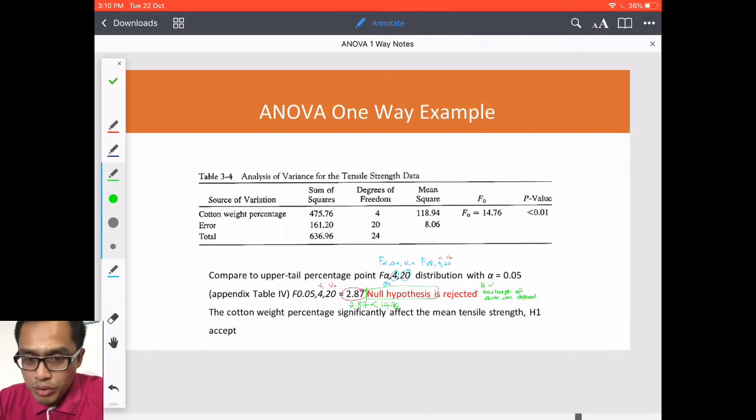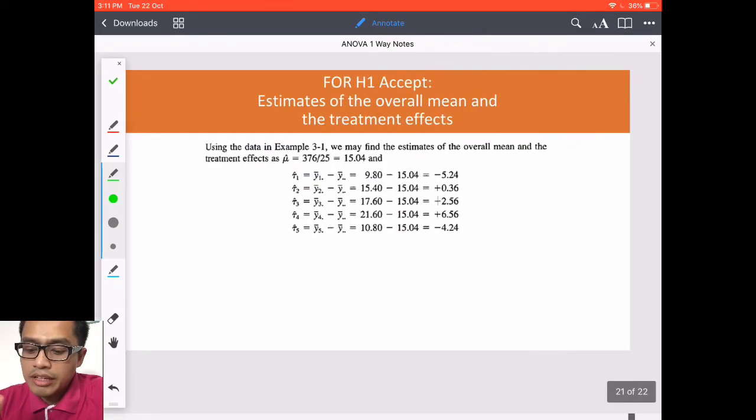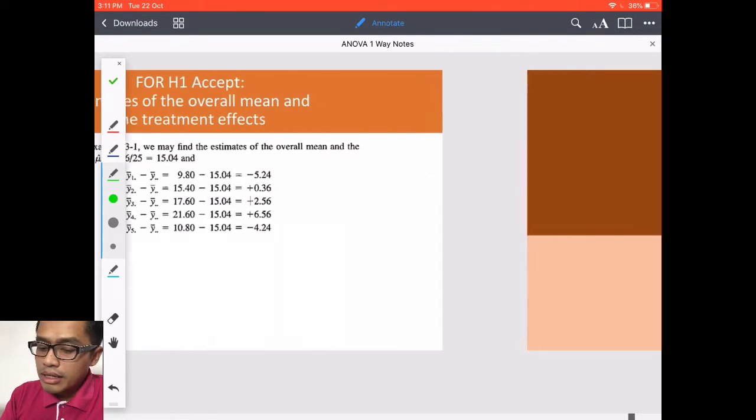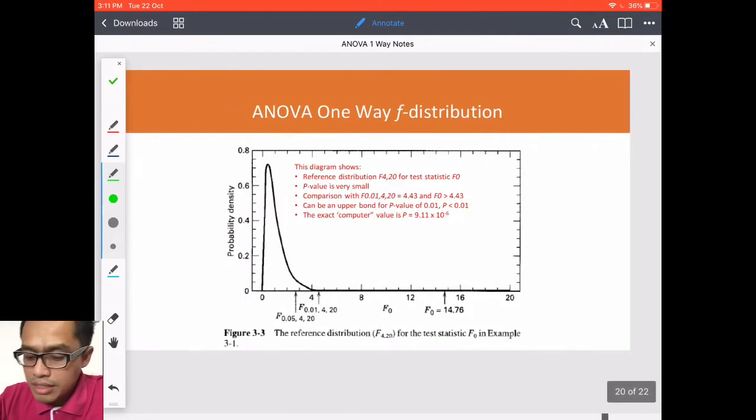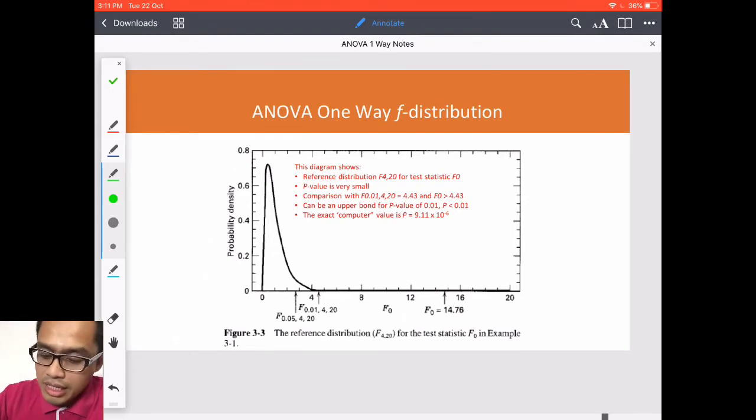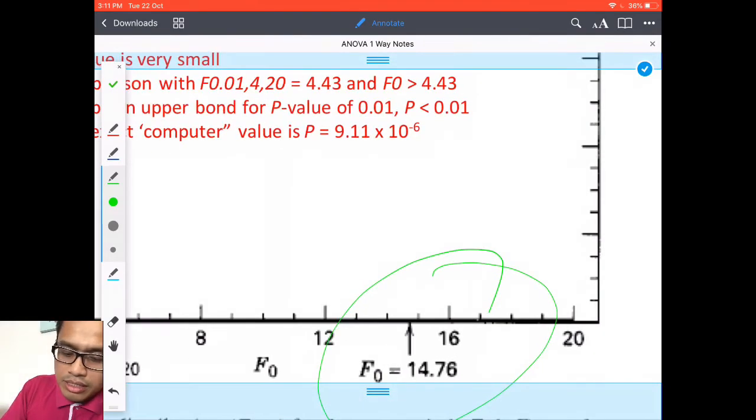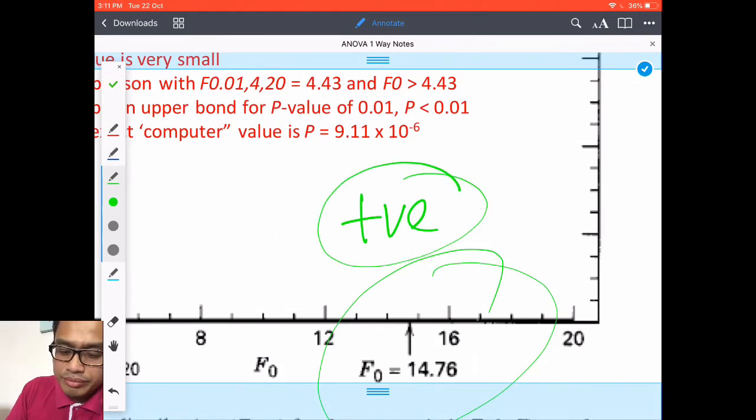When you have H1 accepted, you need to do an extra thing called the estimate of overall means and treatment effects. This is the graph distribution for F0. As you can see, F0 is very far towards the right side, and it's always a positive value.